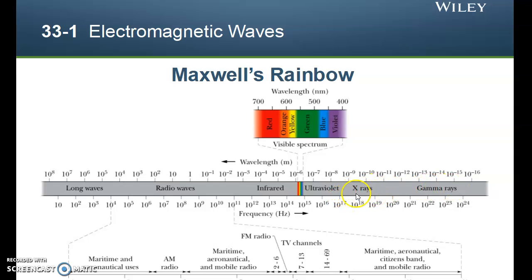X-rays came about in the late 1800s, with radio waves and gamma rays being utilized very early in the 20th century. So that is the whole spectrum. Visible light goes from red to orange, yellow, green, blue to violet. As you go to larger wavelengths, you go to smaller frequencies. When you go to smaller wavelengths, you go to higher frequencies.